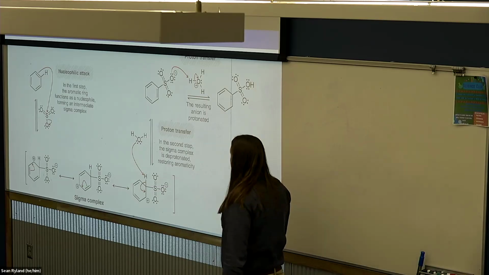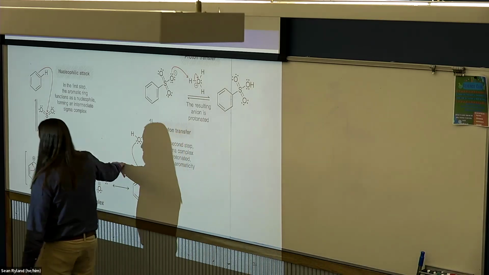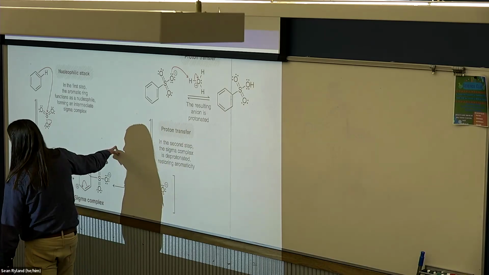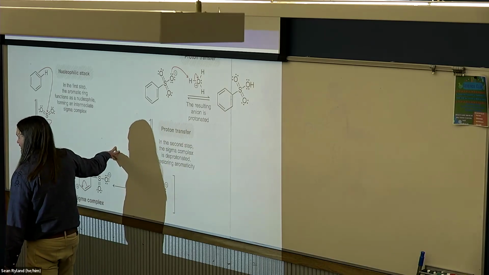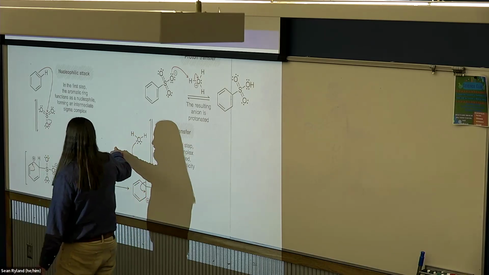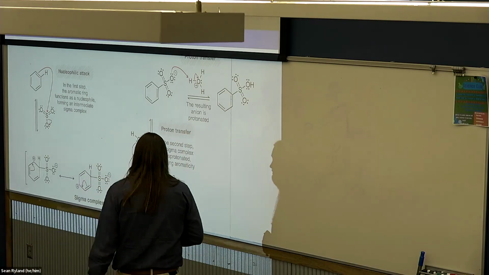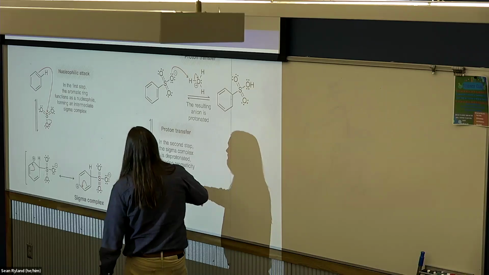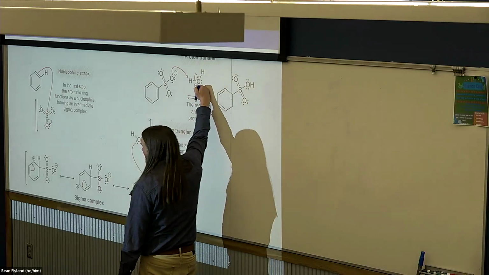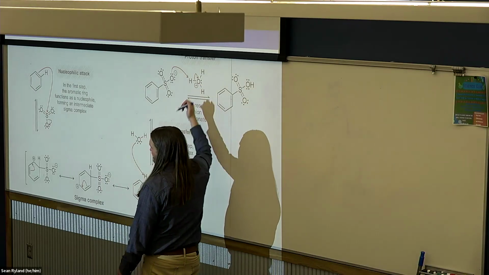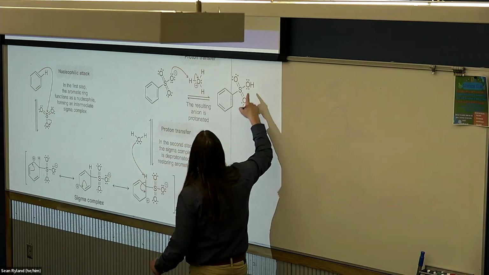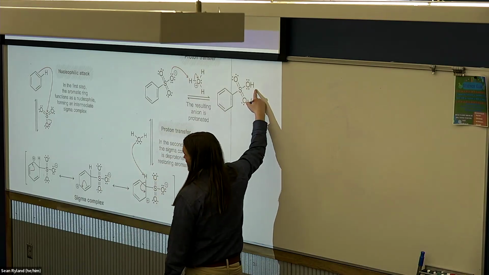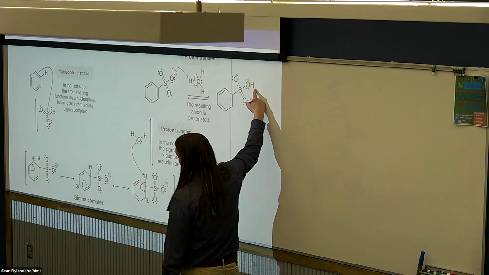All right, so we've spent this whole time talking about other things because we've already talked about this kind. So now we've talked about what sulfuric acid is. We don't really need to spend a ton of time here. The one thing that's unique about this mechanism is we just have one extra proton transfer at the end because our final product has an oxygen that needs to be protonated.